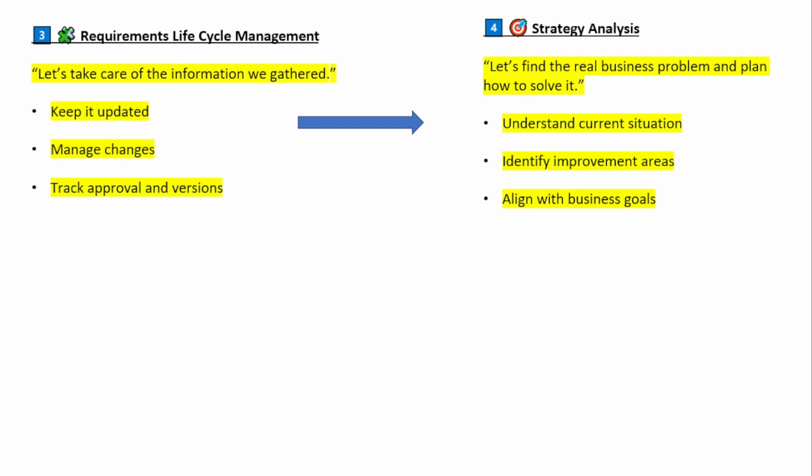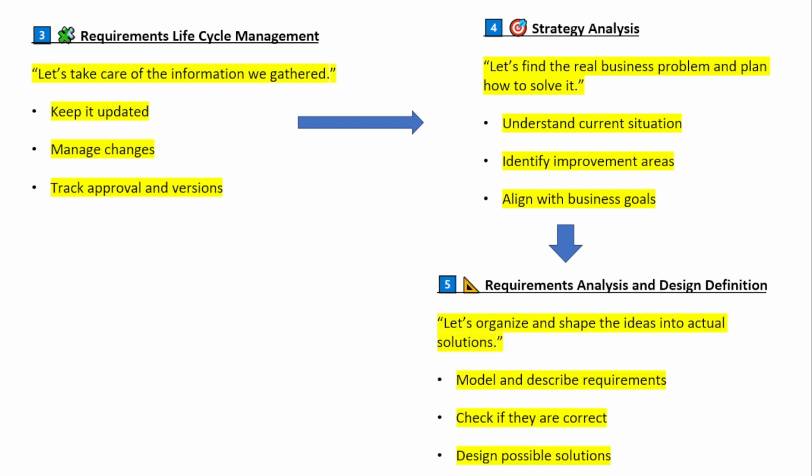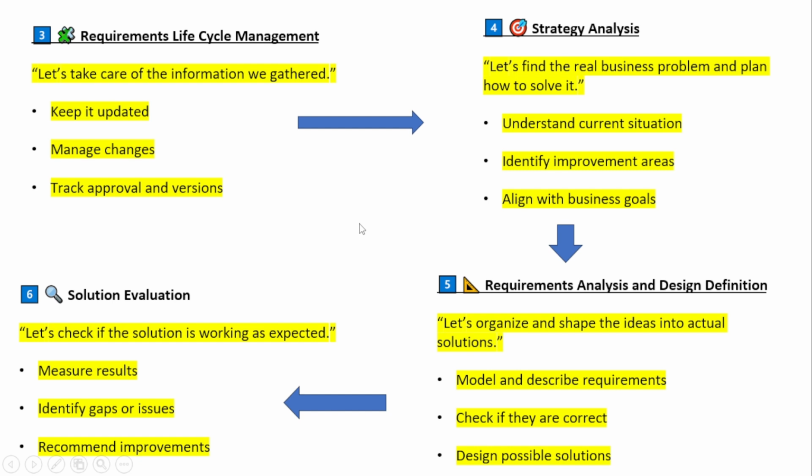This is about understanding and defining the real problem. Then fifth, requirement analysis and design definition. This is about turning needs into solutions. Then the last one, solution evaluation, which ensures the solution actually works.